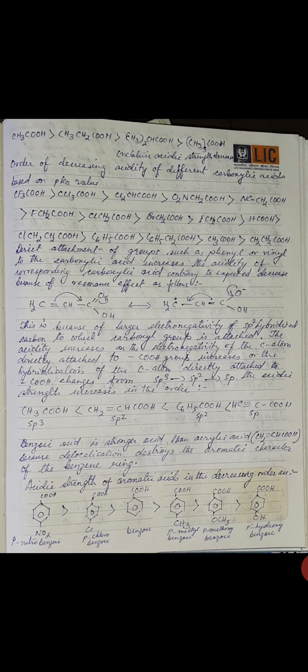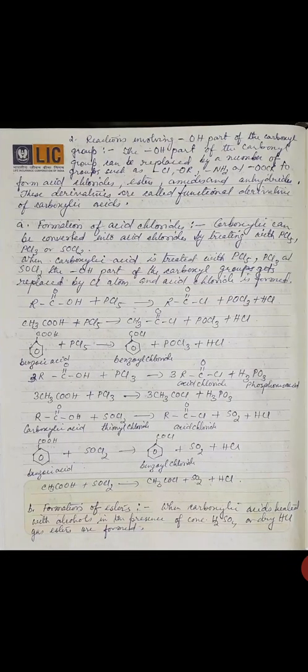So acidic strength of aromatic acids in decreasing order I have already given: para-nitrobenzoic is more acidic as compared to parachloro, that is more acidic as compared to benzoic, that is more acidic as compared to paramethyl benzoic, that is more as compared to paramethoxybenzoic, that is more as compared to parahydroxybenzoic.